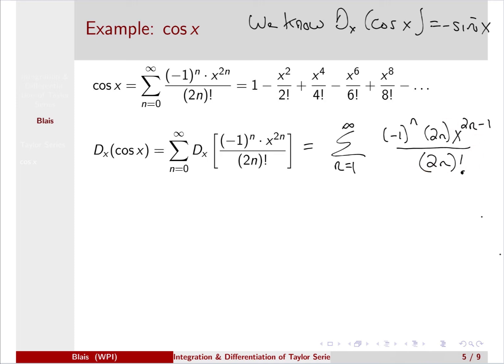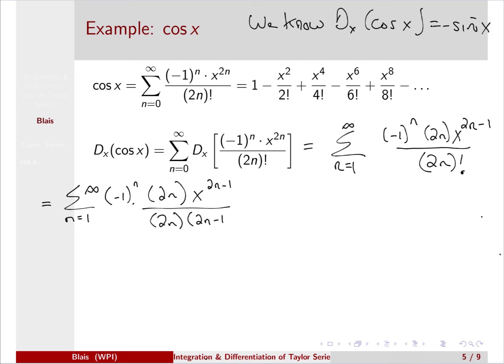We can simplify things a little bit, noting we have a 2n in the numerator and a 2n in the denominator. So let's pop the top term off of that factorial in the denominator. So we can rewrite that as 2n times 2n minus 1 factorial, and when we do that, we see the 2n's cancel.